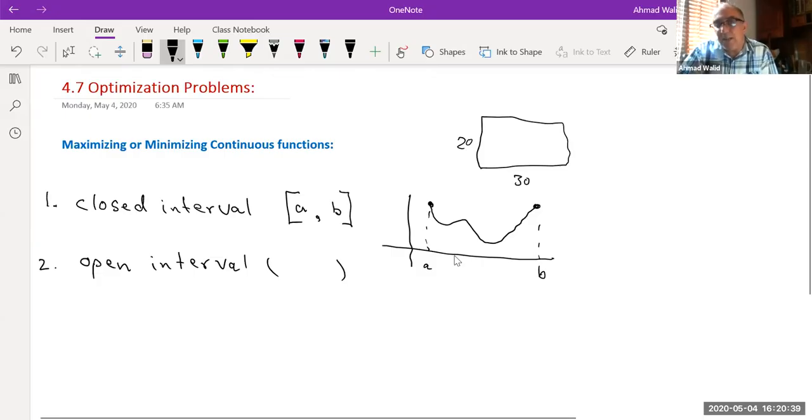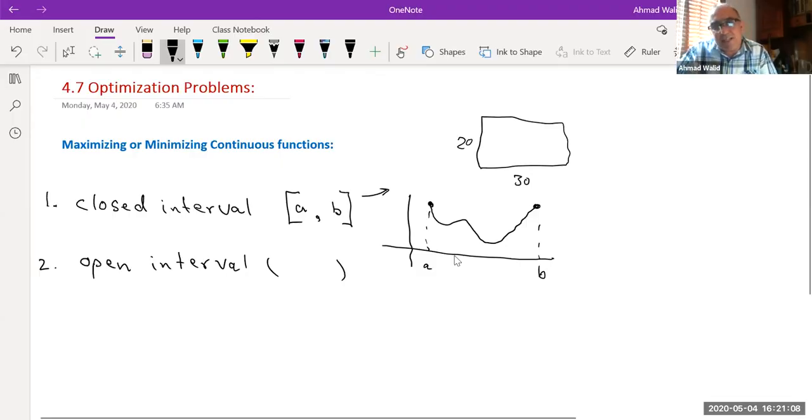When you are dealing with an open interval, you may have an absolute max or may not, correct? Because it's open. Now, when you are dealing with optimization problems here, definitely you have an answer when you are dealing with a closed interval. When you are dealing with an open interval, you may have an answer or you may not.